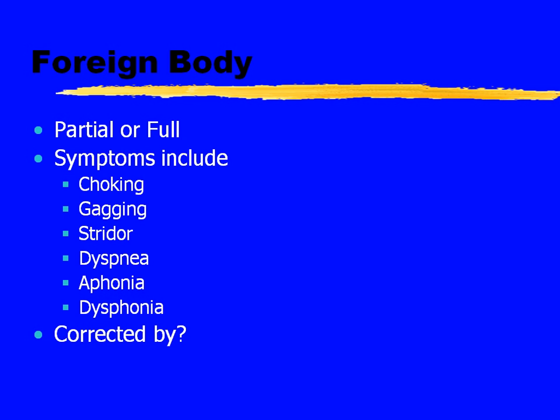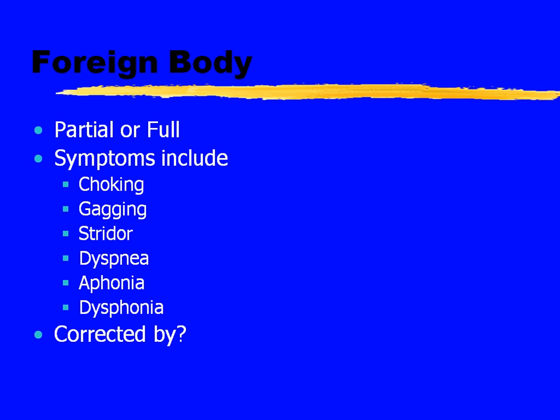Symptoms here, obviously. Choking, gagging. What's stridor? Upper airway obstruction. It's the high-pitched noise from that narrowing. Dyspnea. Yeah, difficulty breathing. Aphonia. Well, which one's which?